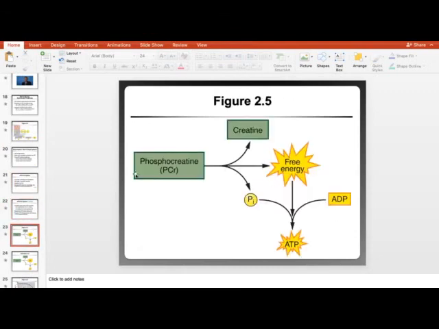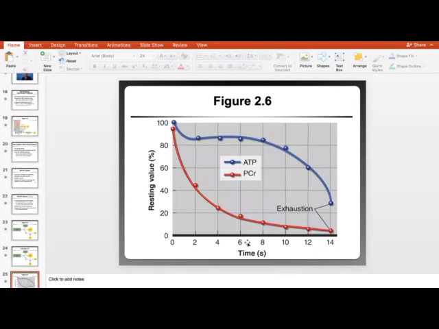All right, in any event, in this system, you have your phosphocreatine. It's going to be broken down to free energy, and that free energy is going to be used to combine ADP and phosphorus to regenerate ATP, and then again, boom, the ATP can be used for energy by the myosin heads. One of the big issues here is that the regeneration of ATP drops significantly as the time of activity increases.